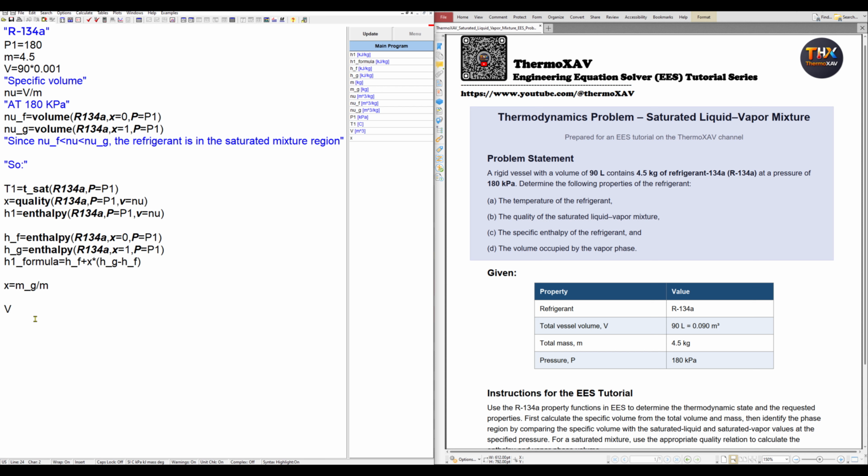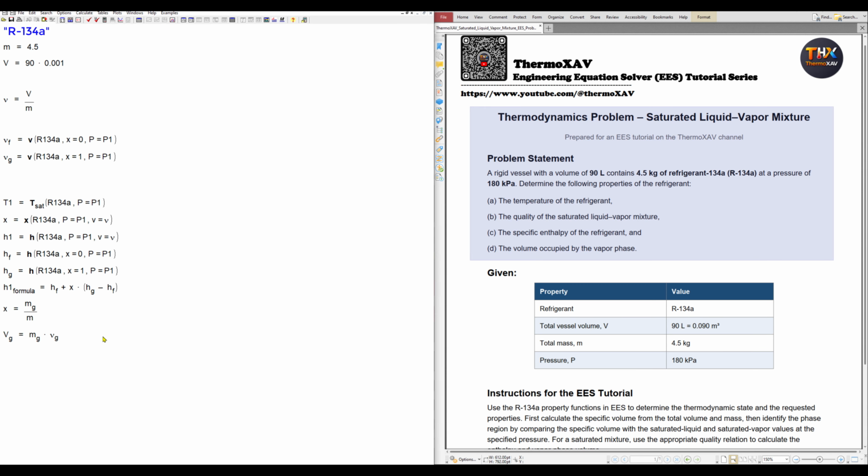and then go here, and we can define the volume of the vapor phase. I will call it Vg, equal to M underscore G multiplied by nu G that we determined here. This is the specific volume, this is the total volume, and this is the mass. If I go to this formula, you will see this one.